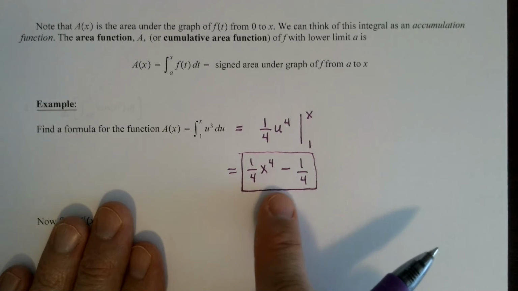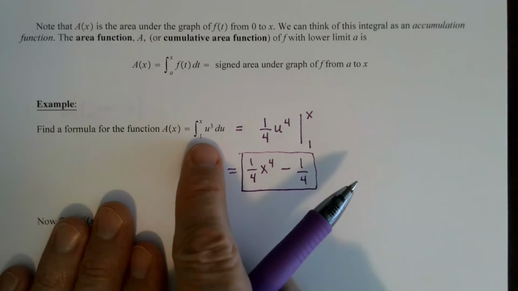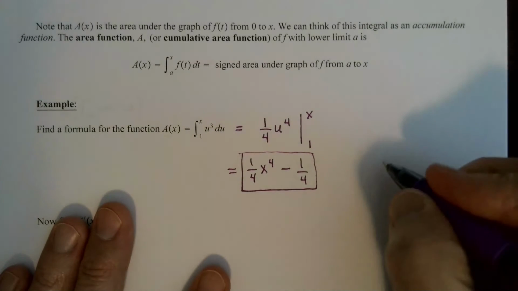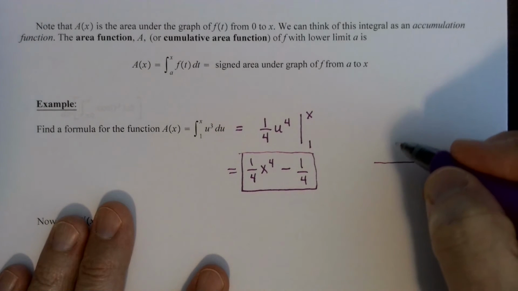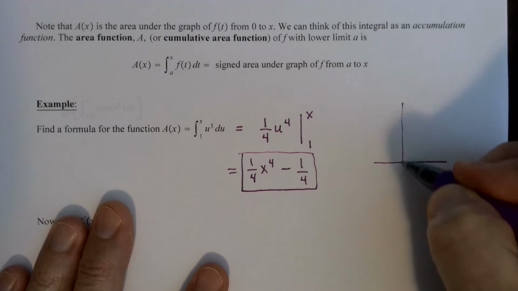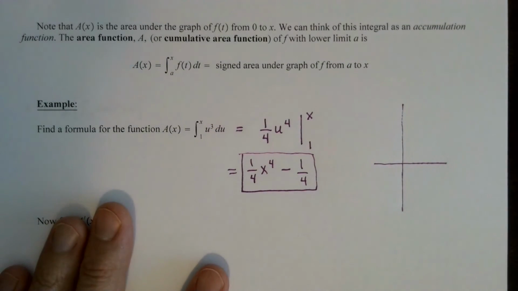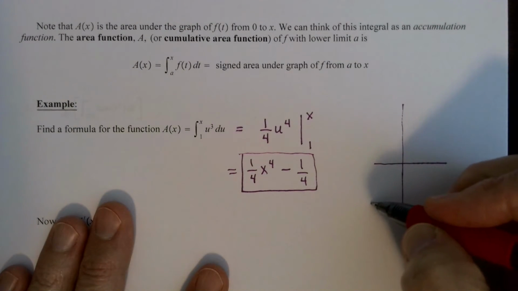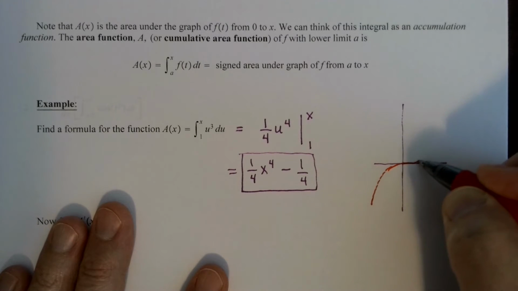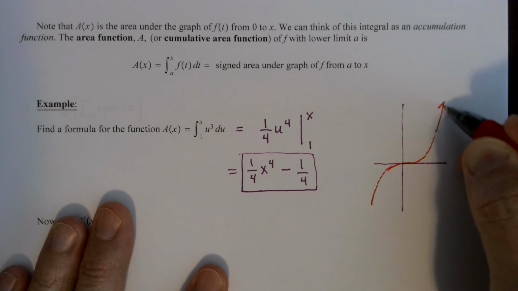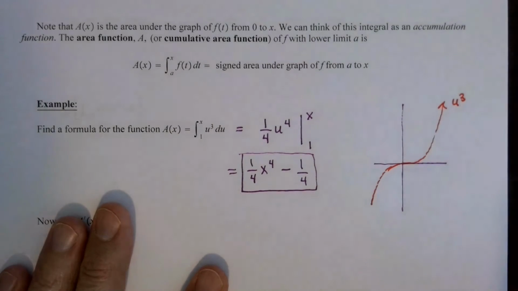And what will this give us? This will give us the area under the function u cubed. So if I were to graph u cubed, do you remember what u cubed looks like? The cubic function kind of looks like this. Right? U cubed.